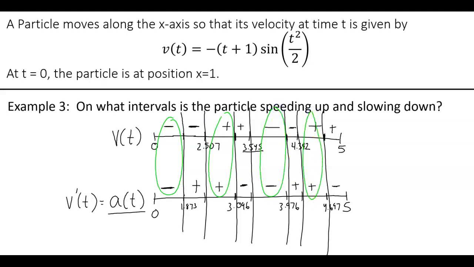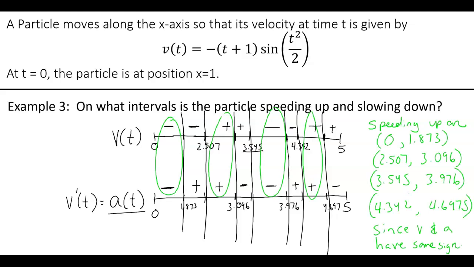And so those are all intervals where it's speeding up. All right, so speeding up on those three intervals, since on those intervals v and a have the same sign.